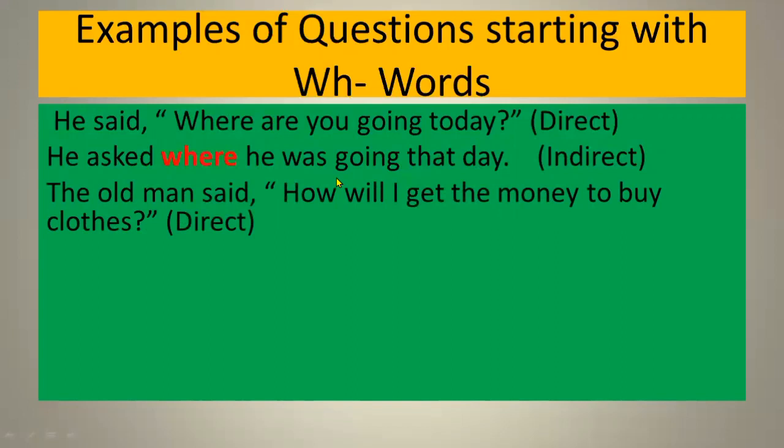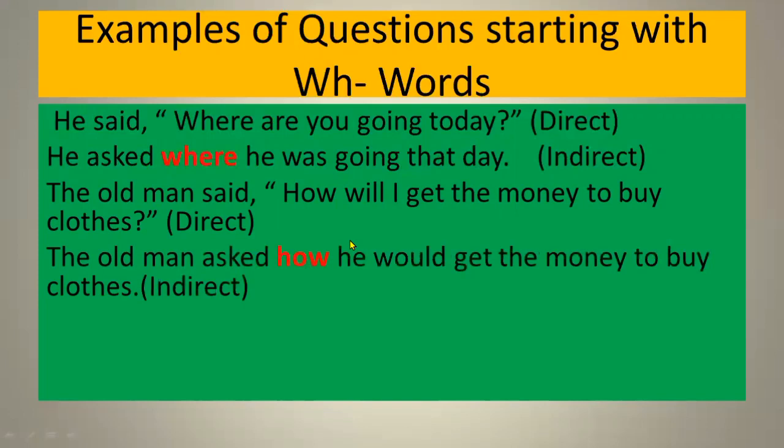Second example: The old man said, "How will I get the money to buy clothes?" The old man asked how he would get the money to buy clothes. You can see that how has been used here as a conjunction, the same WH word. Again, let me tell you that although this "how" doesn't start with WH, it is included in the same list.